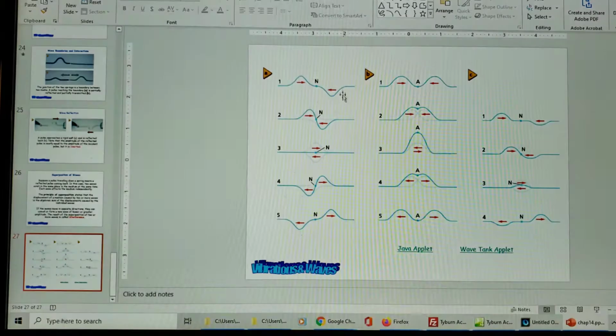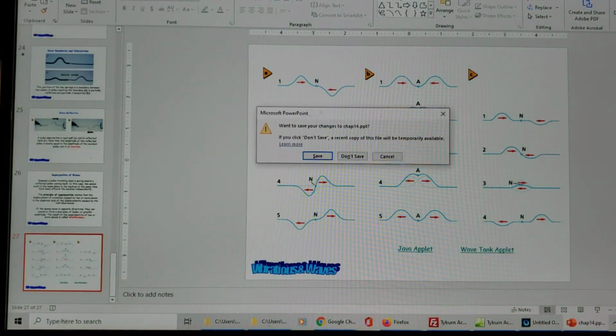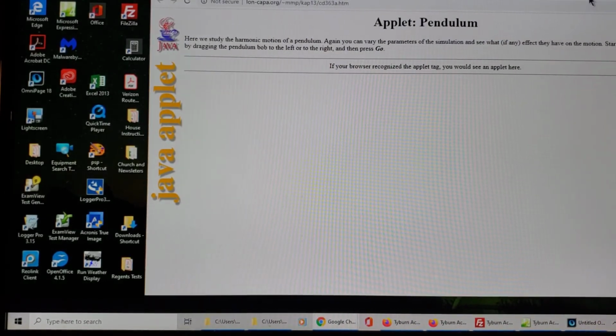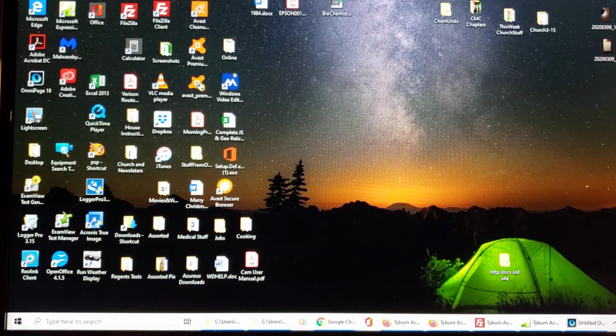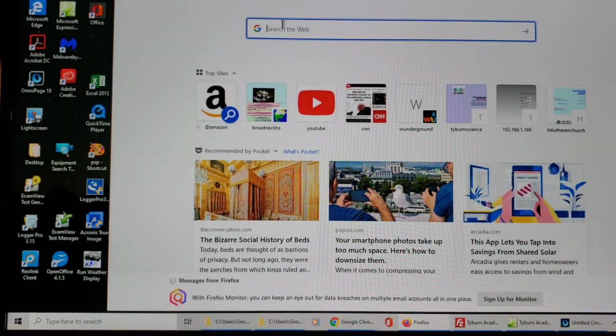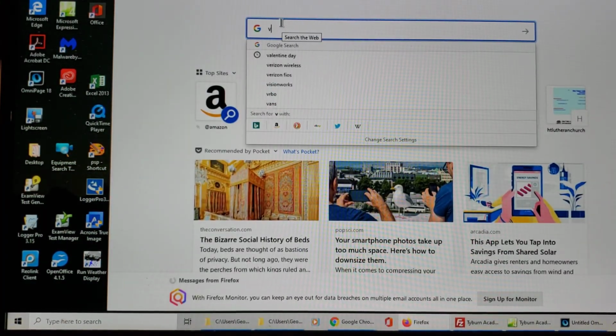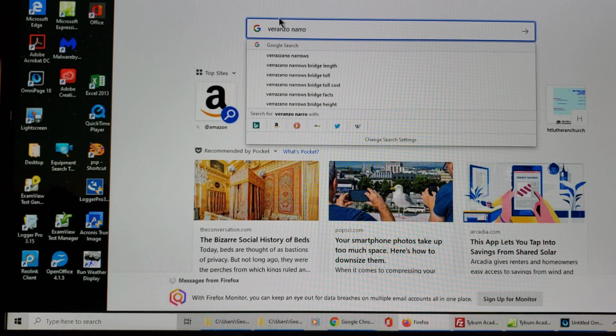Okay, let's see if I can find the applet for the bridge thing. The Verrazzano-Narrows Bridge. Let's see here. We don't want to do this, we're going to do a pendulum. Okay, the bridge.